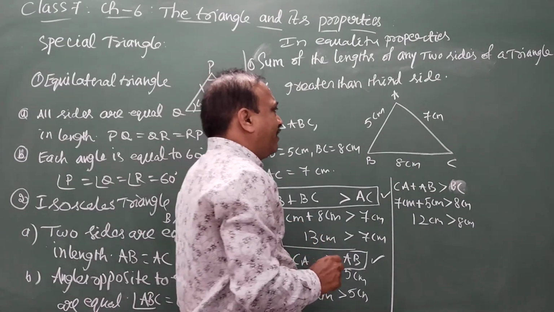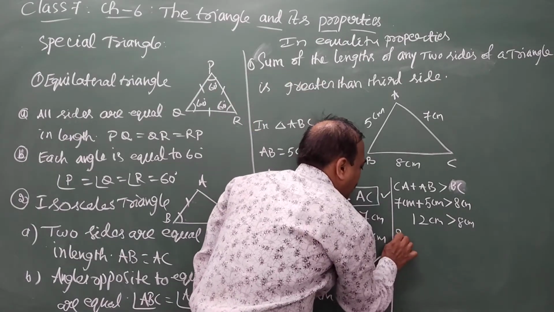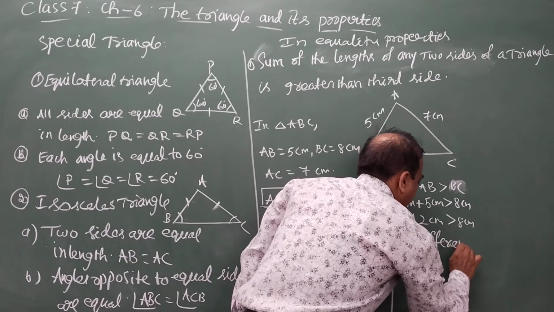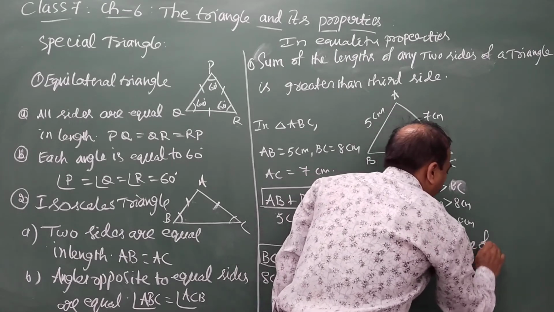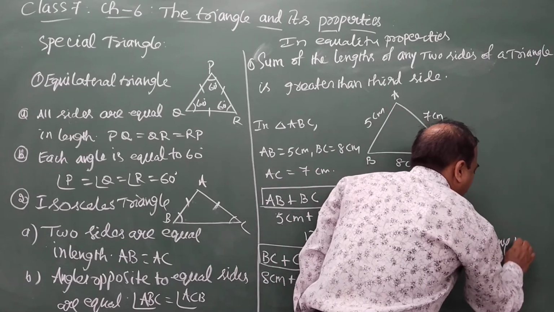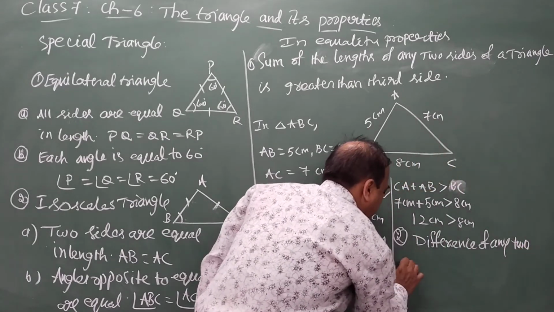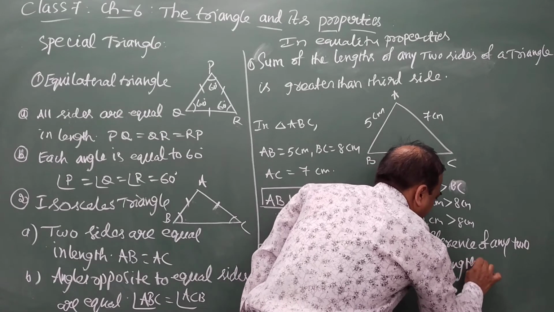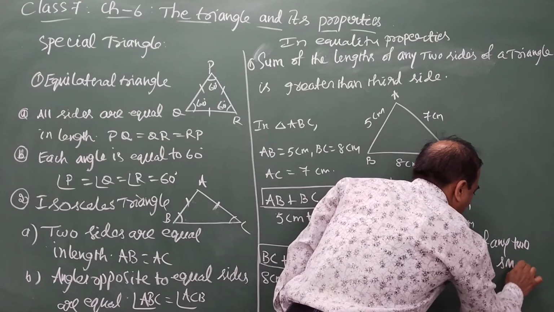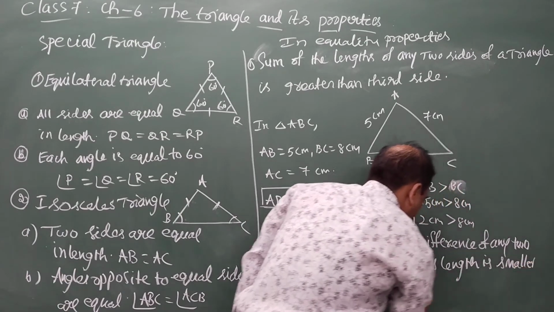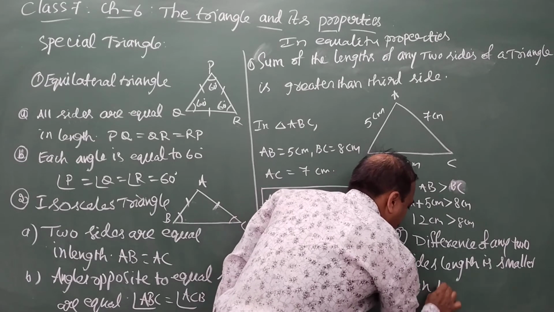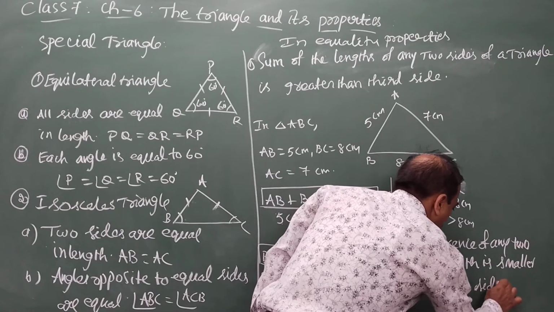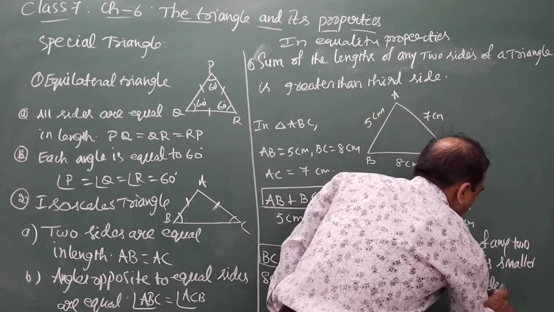Now we have one more property, that is the difference of any two sides' length is smaller than the third side.